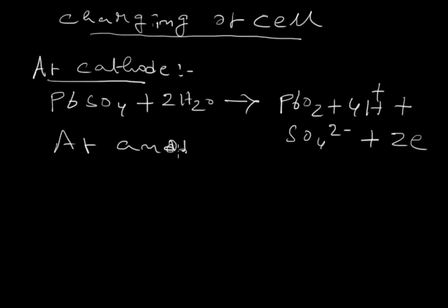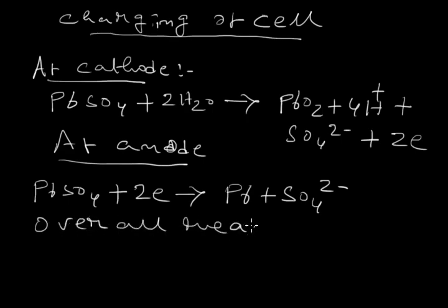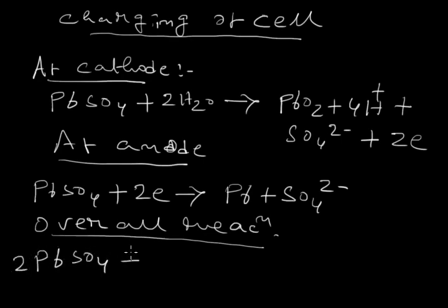At the anode, PbSO4 plus 2e- gives Pb plus SO4 2-, and the overall reaction is just the reverse of the discharging reaction, that is, 2PbSO4 plus 2H2O gives Pb plus PbO2 plus 2H2SO4.